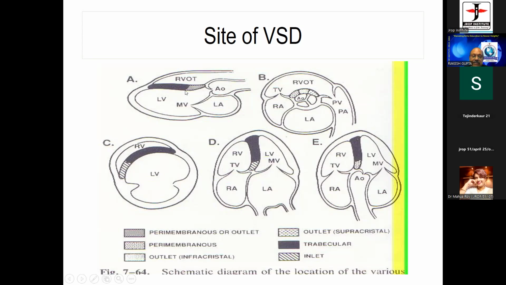If VSD is seen in the parasternal long axis view, this is known as perimembranous VSD. If this VSD is seen in the 4-chamber view, this is known as inlet VSD. If it is seen in the 5-chamber view, this is outlet VSD. And whenever we see it in the short axis view, this is perimembranous, this is muscular, and this is doubly committed VSD.